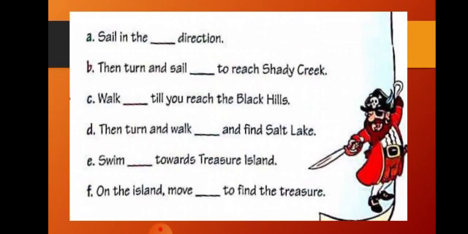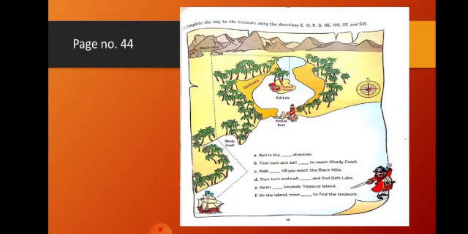A. Sail in the northeast direction, write NE. B. Then turn and sail NW to reach Sandy Creek. NW is northwest. C. Now, walk N till you reach the Black Hills.